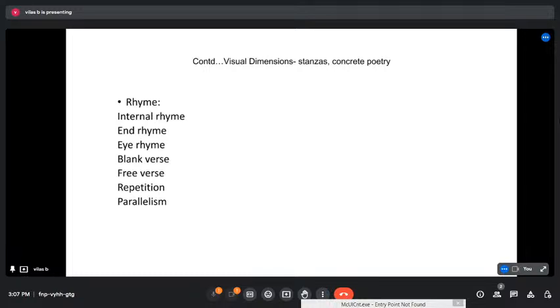Repetition is one of the sources of creating music. The repetition may be at the level of the word. For example, there is a poem by Alfred Lord Tennyson, Break, Break, Break.